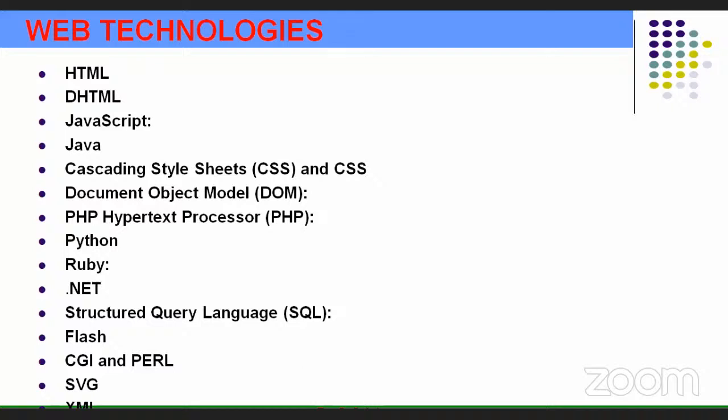So why are we using SVG and why are we using XML? By using SVG, we can develop web pages that contain 2D graphics, meaning two-dimensional graphics. The images we create through SVG are scalable and occupy very little space.